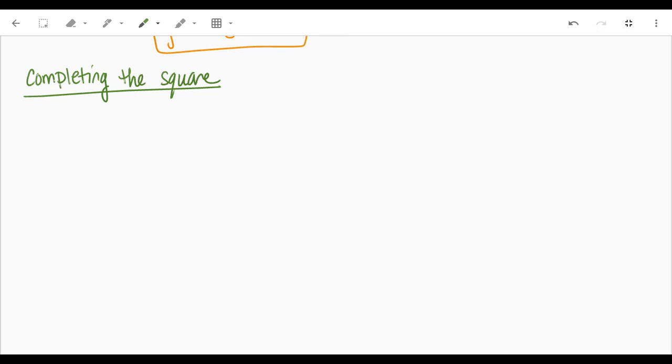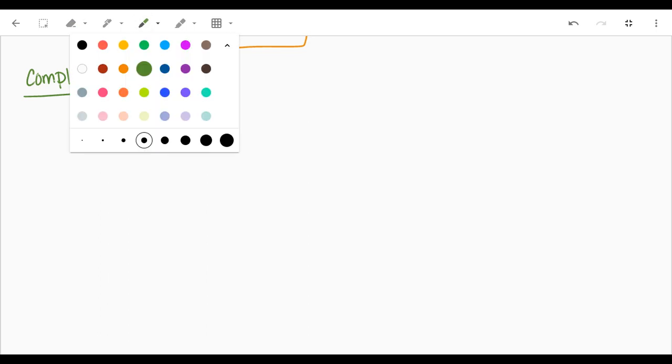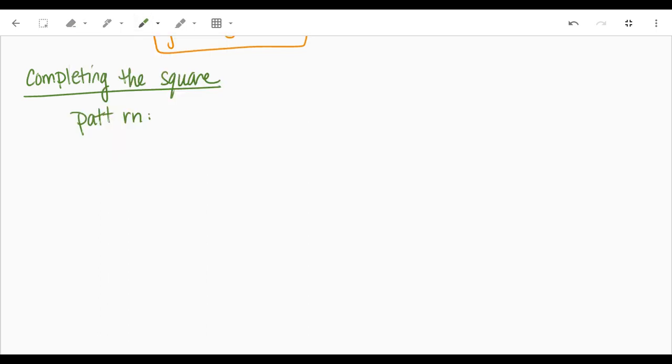So when you complete the square, just remember you have this pattern, that a plus b squared is a squared plus 2ab plus b squared.